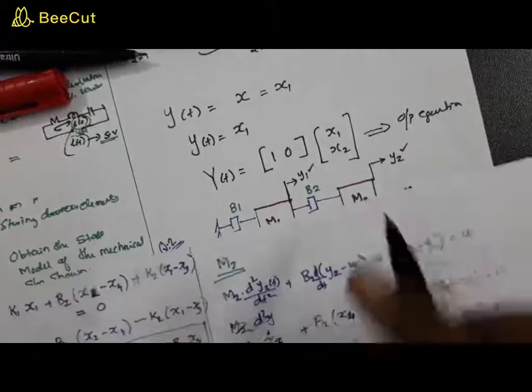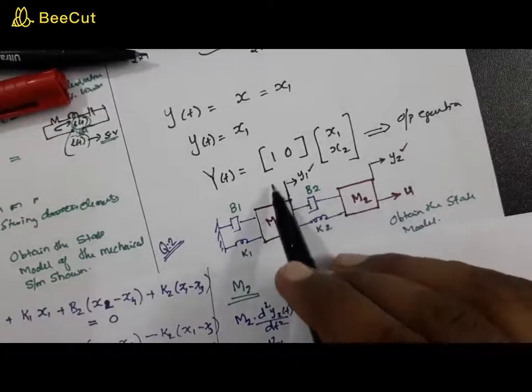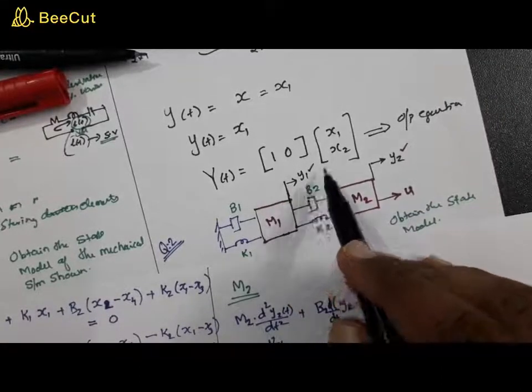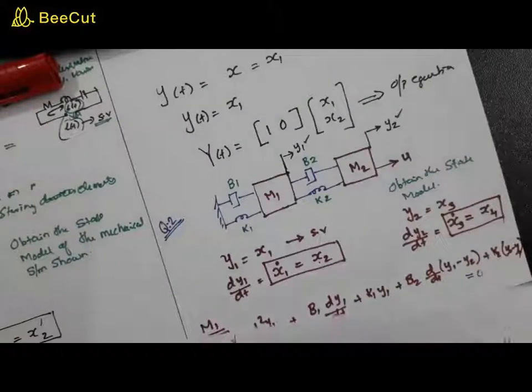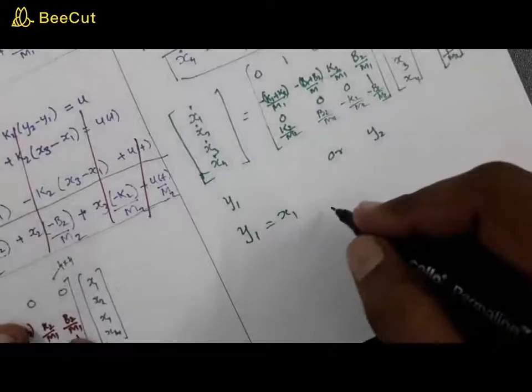Now I'm giving the input here. So if this is the displacement I am concerned with, or this is the output I am concerned with, then you can write the equation accordingly. y1 is your output. Now what is y1? y1 is assigned to be x1. So what must be the expression for y1?